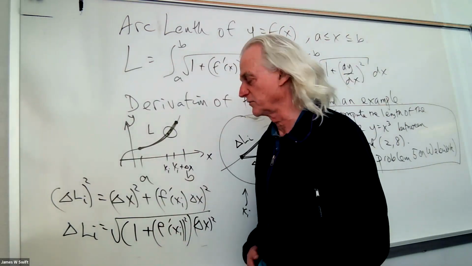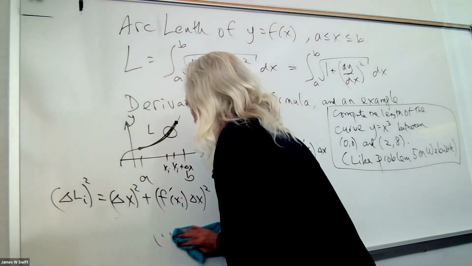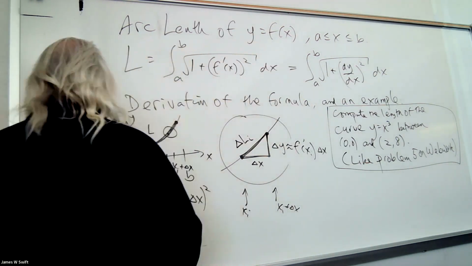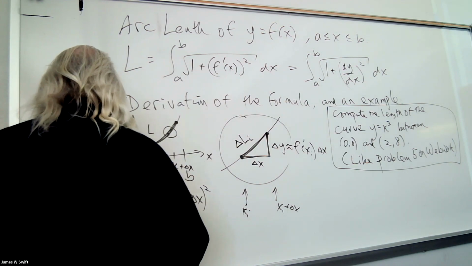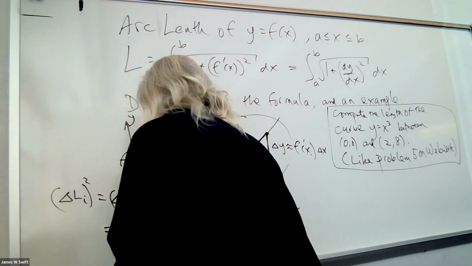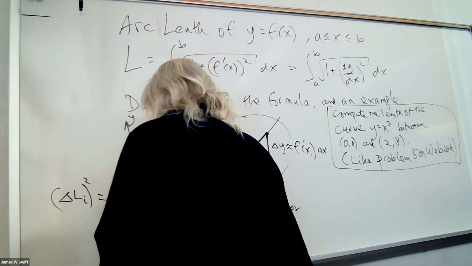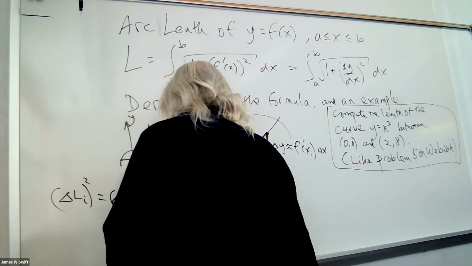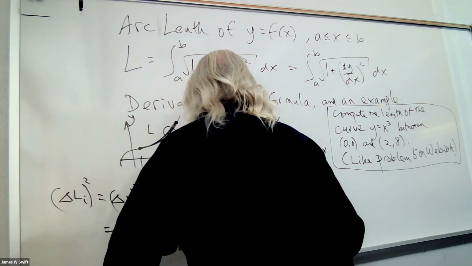I think I'm going to do this a little bit differently. Let's factor out the delta x squared: I get 1 plus f prime of xi squared, all times delta x squared.